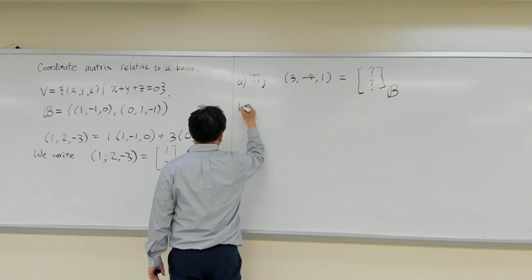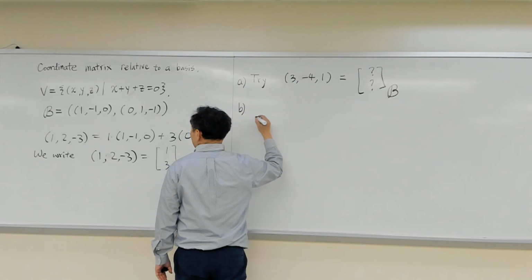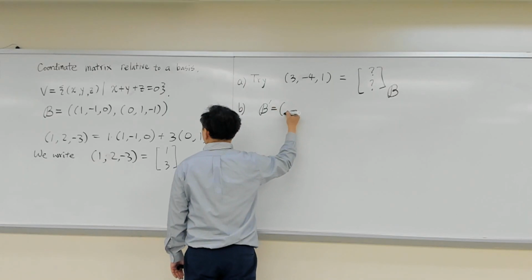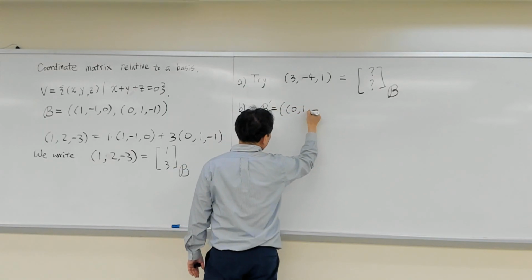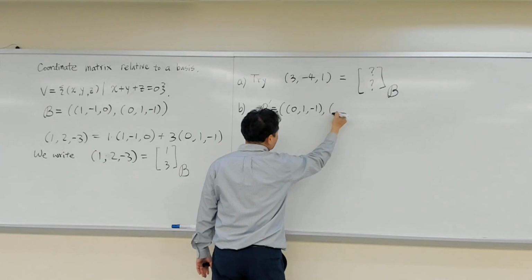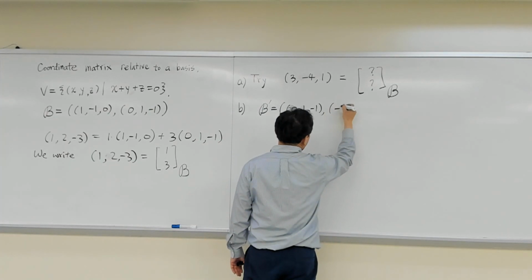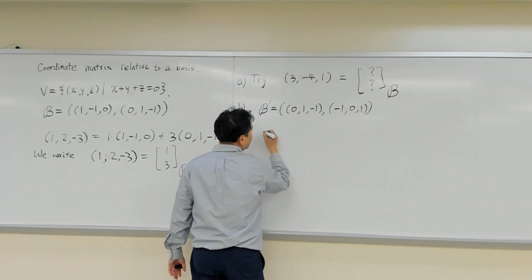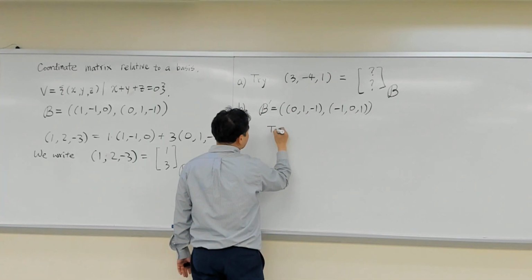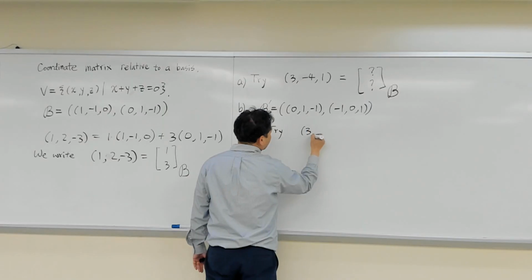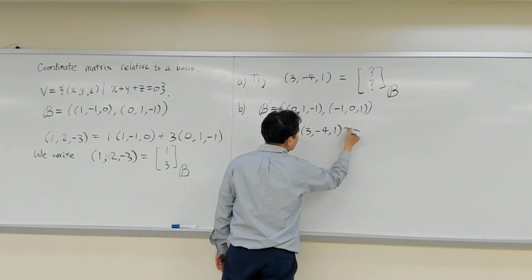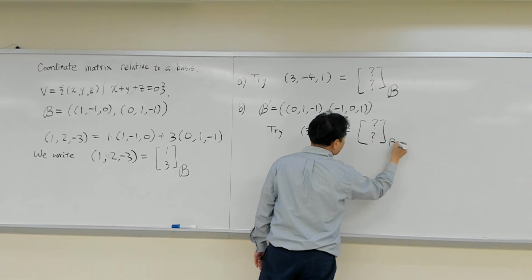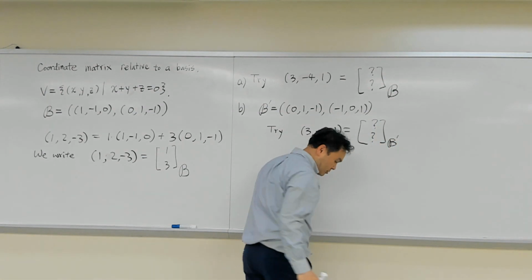And then if you're done with that, let's use the other basis that we defined, which is 0, 1, -1, and then -1, 0, 1. So try again the same vector, but using this other basis.